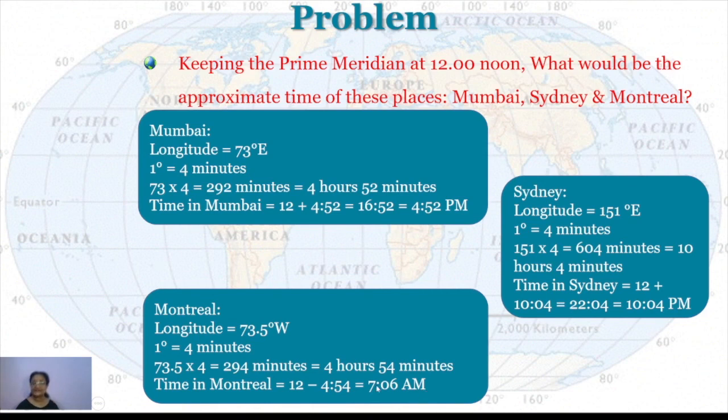It is 7:06 in the morning. So this is how you have to solve the problems related to longitudes and time. Hope you all are able to understand all the topics we have discussed here, and along with that you have understood how to calculate the time with the help of longitudes.